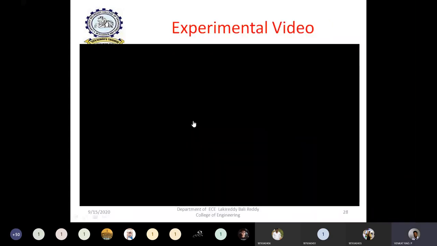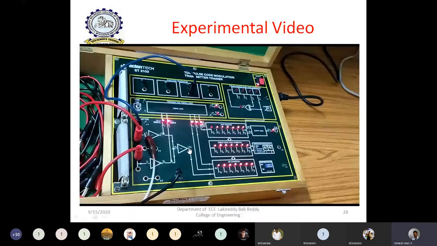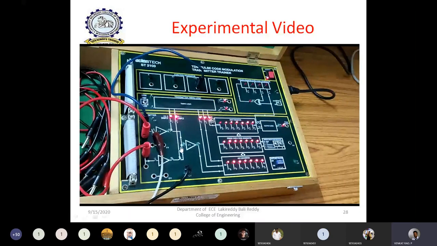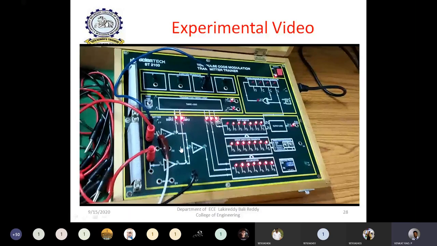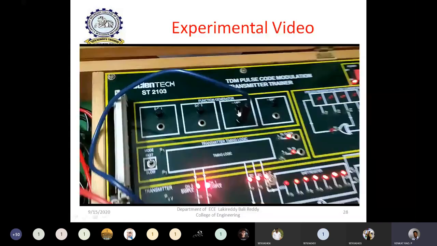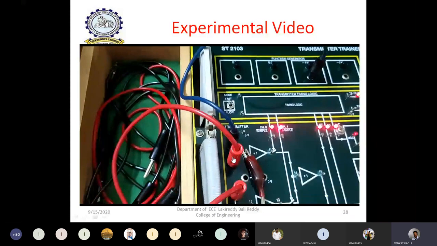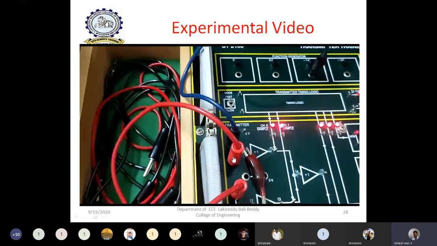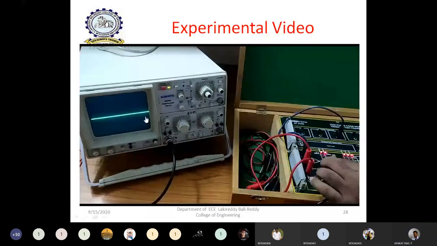if you observe the PCM output finally, there is a different procedure we are going to use to observe the PCM output. So, all of you carefully observe this. Here we have to consider any one of the input signals. Let us take the 1 kHz sine wave, and that 1 kHz sine wave is connected here. If you observe that in the CRO, that is the sine wave with some amplitude and frequency.